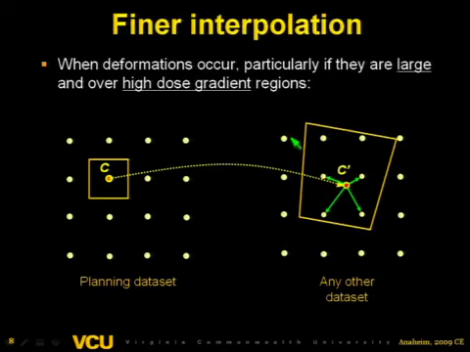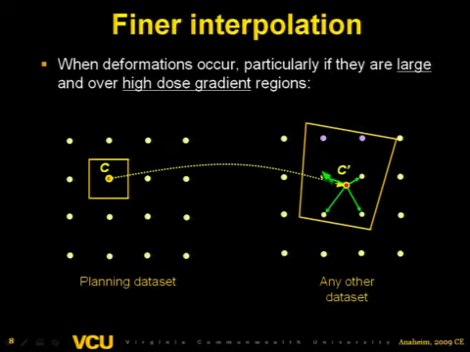However, in cases when deformations occur, and particularly if they are large and occur in high dose gradient regions, estimating the dose in the deformed voxel by the dose at the tract center may no longer be sufficiently accurate, because as you can see here, we could be in a situation where we have those grid points that fall inside this expanded voxel that are no longer accounted for if we just do simple trilinear interpolation.